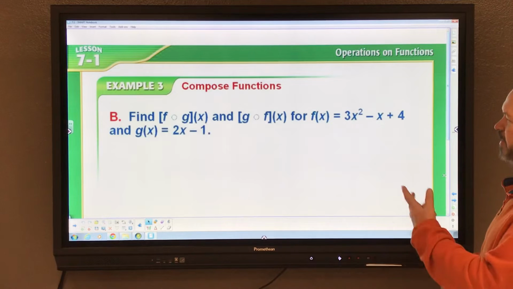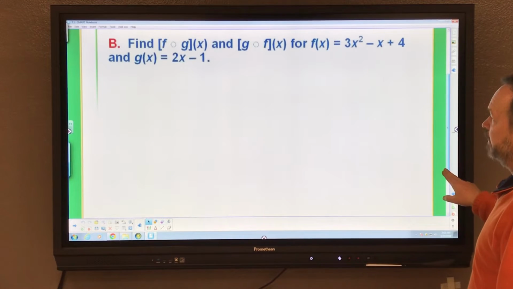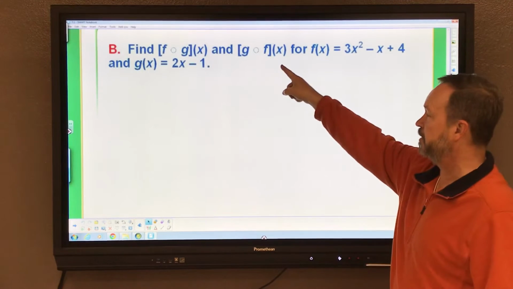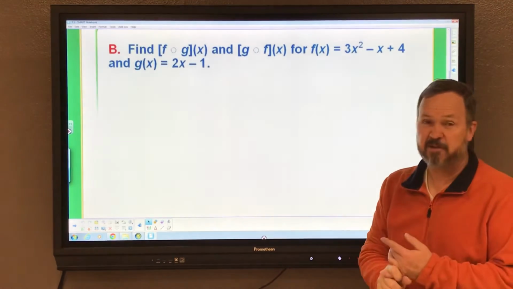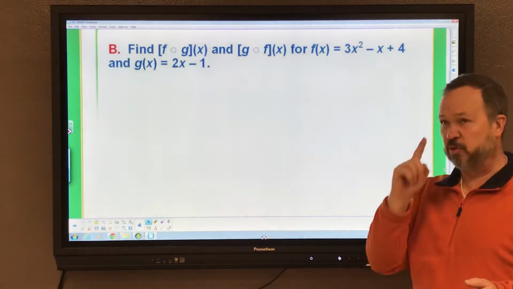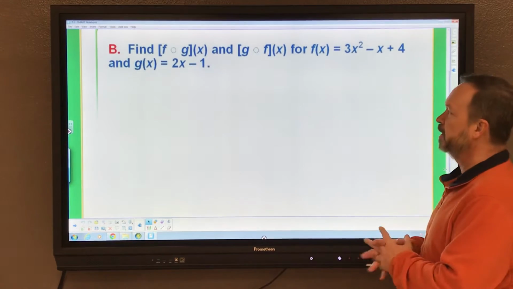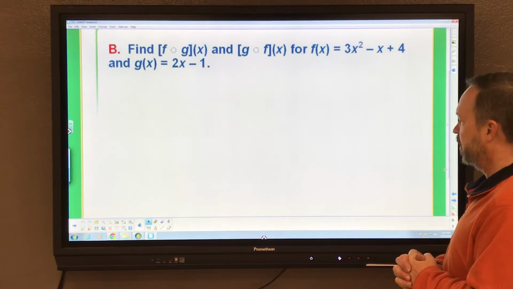There's some things there that would be of value probably, but I want to get to this. So this says find fog and gof. That's what I call that one, fog and gof. By the way, you could use different letters besides f and g. It's just those are very traditional. You could have h of x and whatever else, but those are very traditional notations for this particular concept.